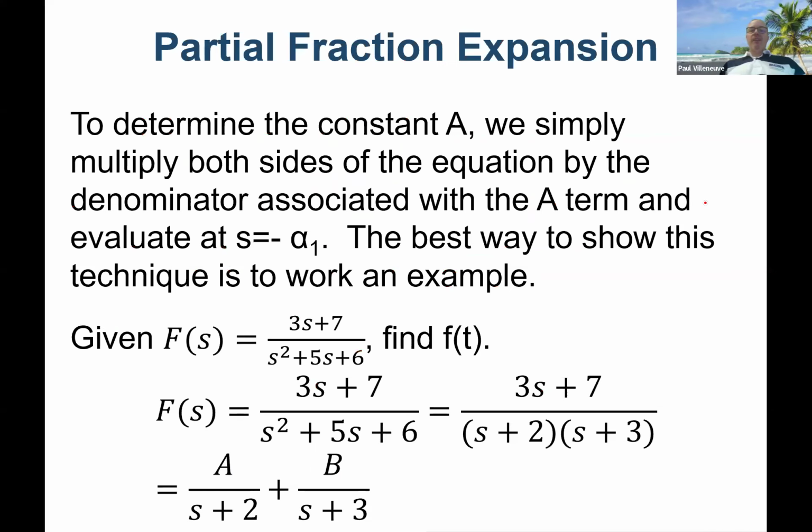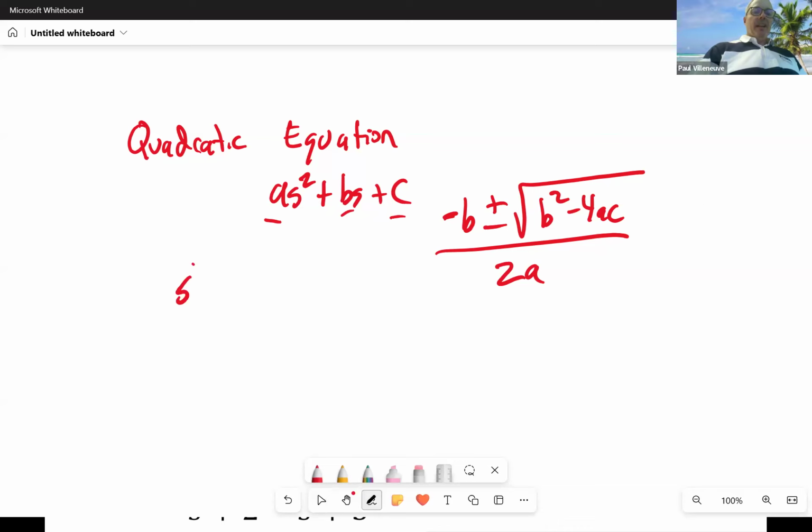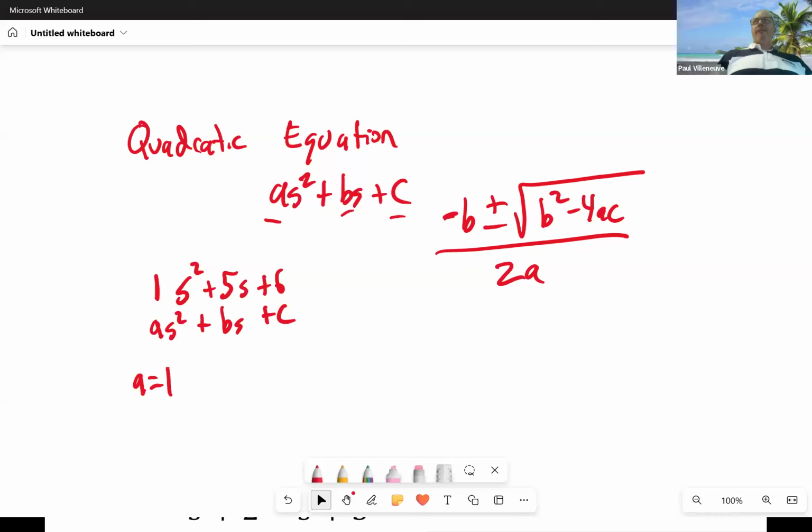So we have S squared plus 5S plus 6. This is supposed to match AS squared plus BS plus C, right? So clearly A is equal to 1, B is equal to 5, and C is equal to 6. Just coming up with the terms. So now we can plug that into our quadratic equation.